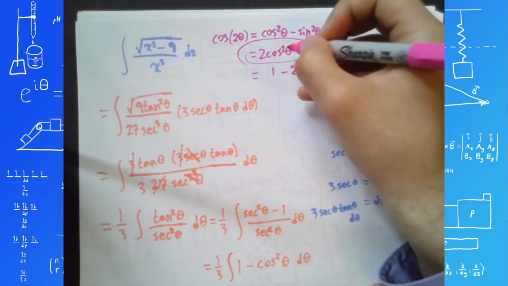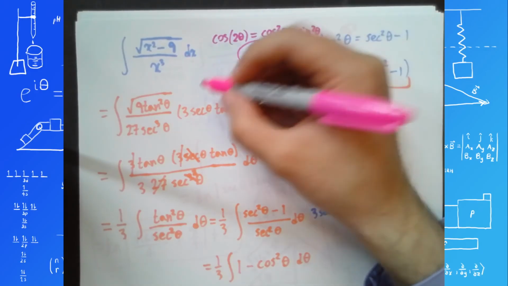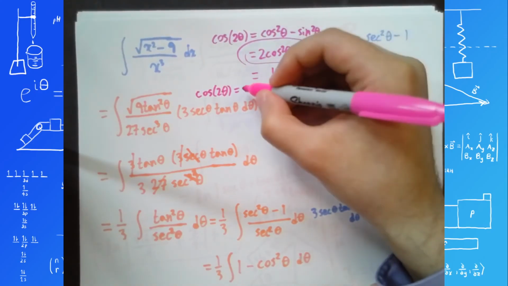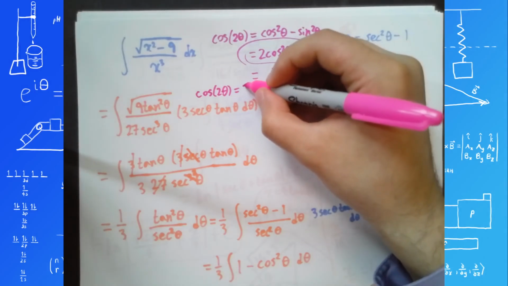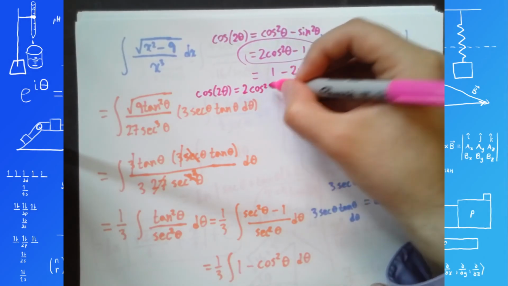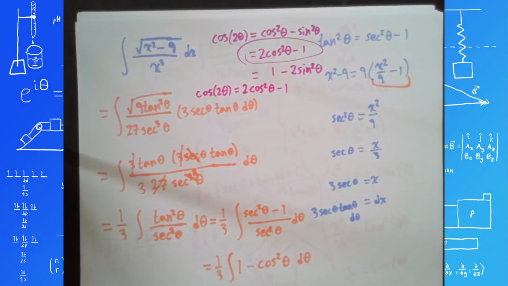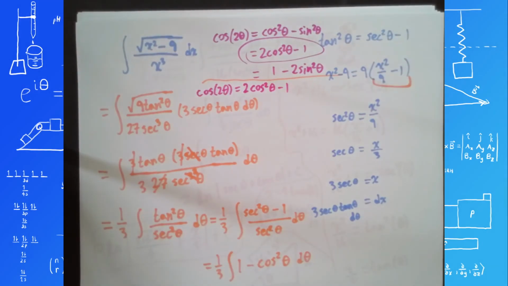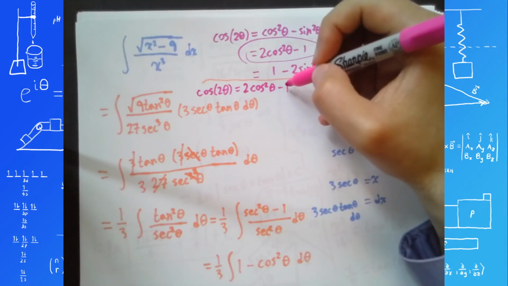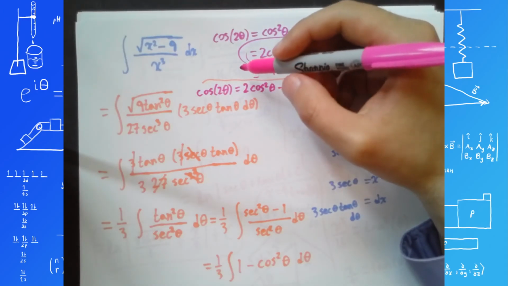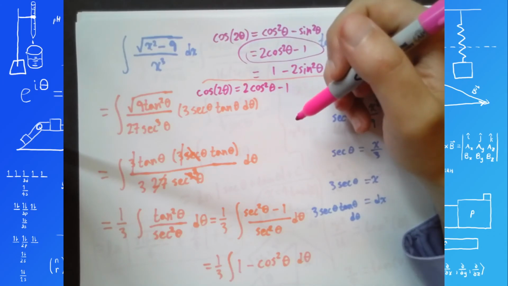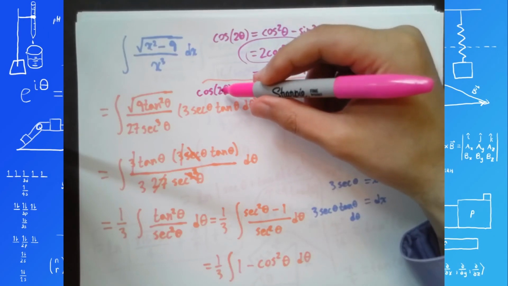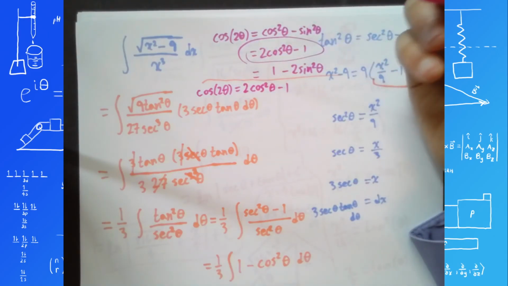So if cosine of 2 theta is 2 cosine squared minus 1, then cosine 2 theta equals 2 cosine squared minus 1. Probably should draw a dividing line between those. If cosine 2 theta is 2 cosine squared minus 1, add 1 to both sides, divide by 2. Actually, no need for the square root. Cosine squared will be equal to cosine of 2 theta plus 1, all divided by 2.